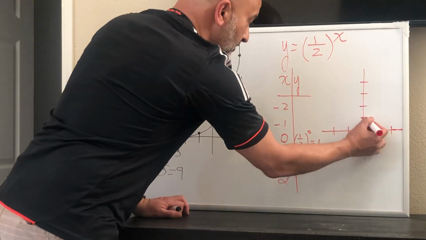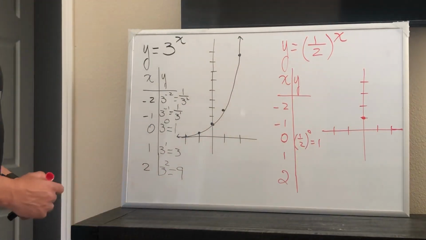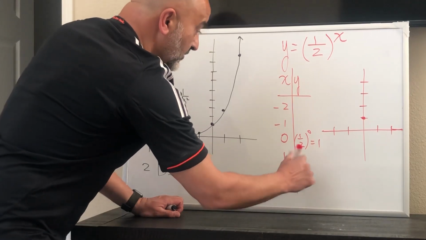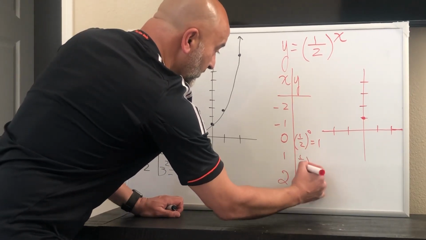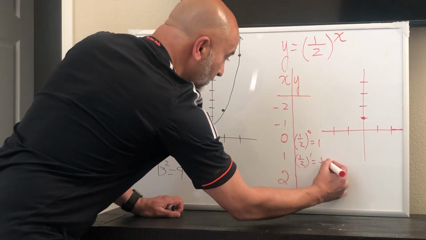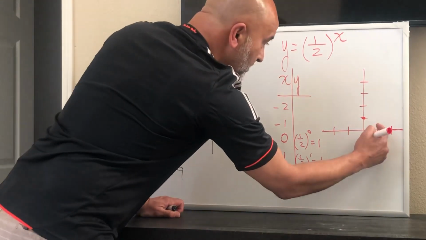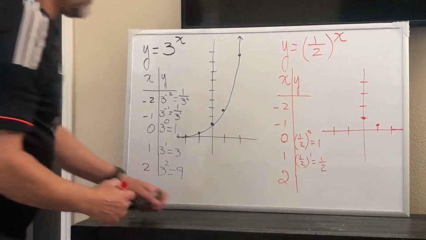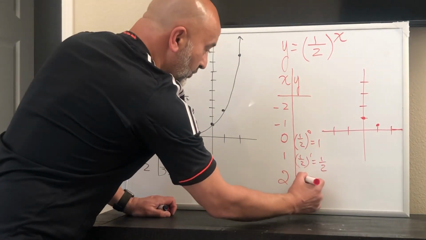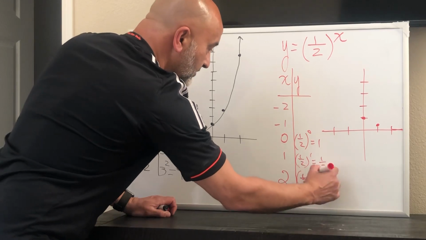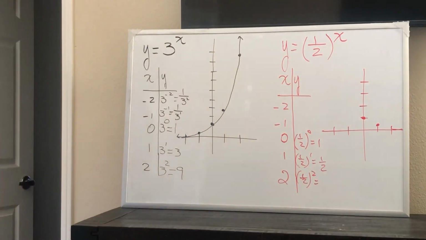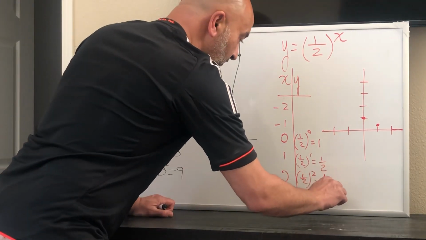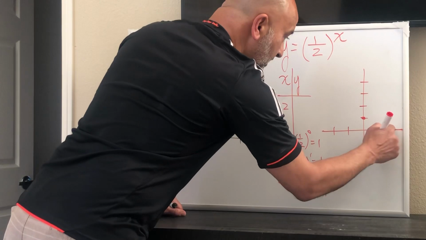So again, 0, 1, which is our y-intercept. When x is 1, we get 1/2 to the power of 1, but 1/2 to the power of 1 is just 1/2. So at 1, we get 1/2. When x is 2, we get 1/2 to the power of 2, but 1/2 to the power of 2 is 1/2 times 1/2. 1/2 times 1/2 is 1/4. So at 2 we get a quarter.